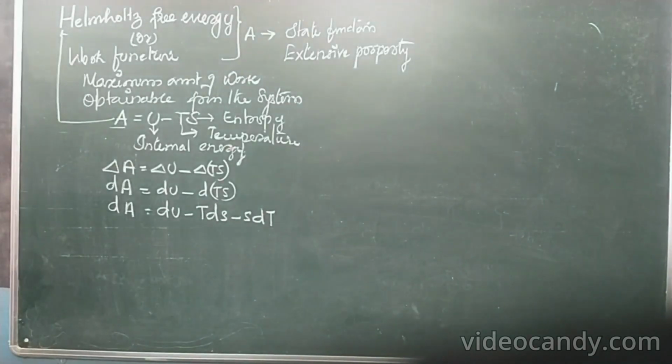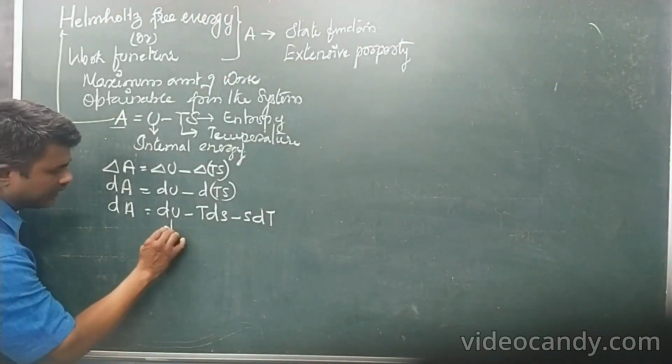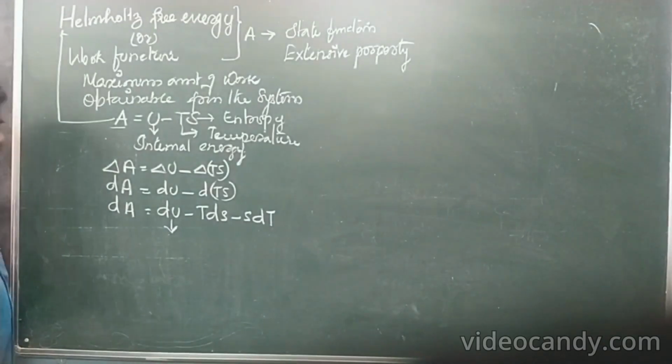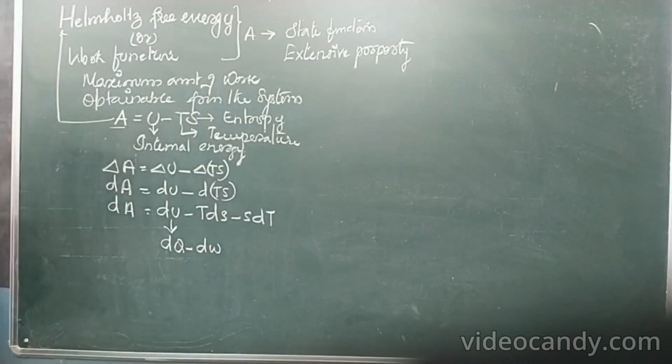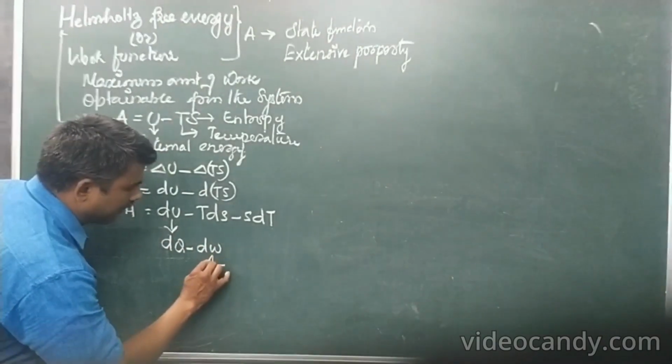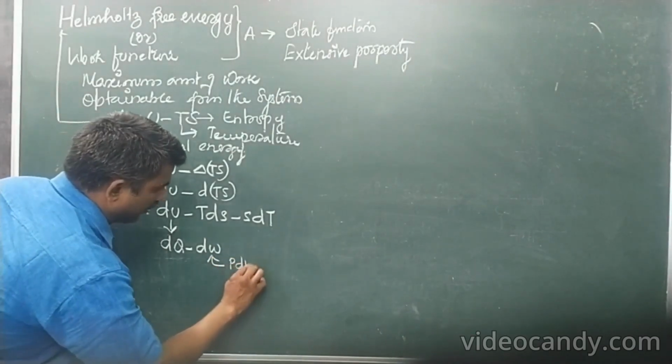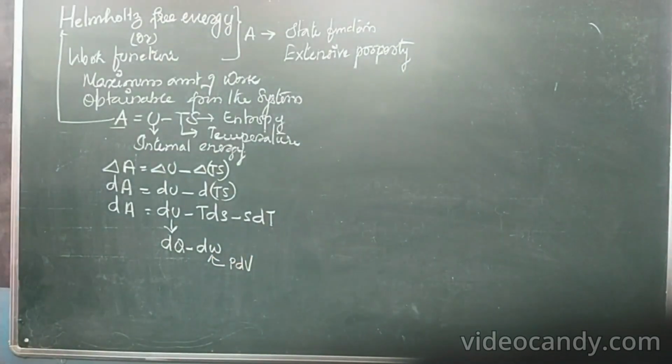The first law of thermodynamics says that the change in internal energy is nothing but dq minus dw. Here dw is equal to P dV. Clear?